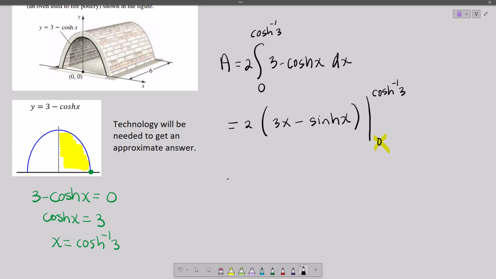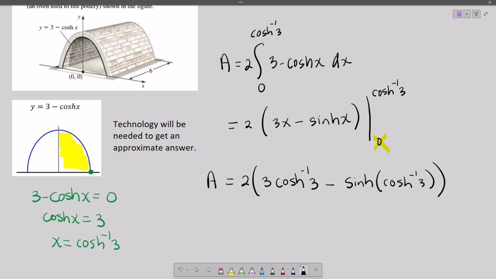So this all becomes 2 multiplied by 3 inverse cosh of 3 minus sinh of inverse cosh of 3. So there is our answer for the area of the face, and then the volume is just going to be 6 times this. And if we want to get an approximate answer, we just type this into the calculator.